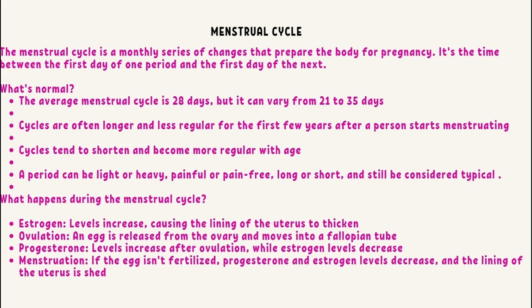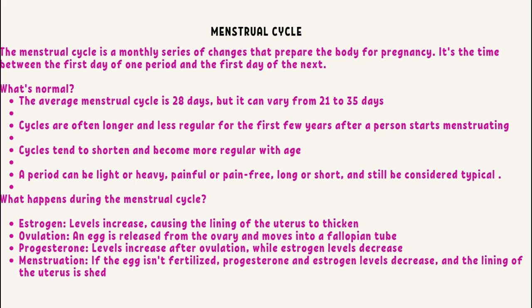Cycles tend to shorten and become more regular with age, and it can be light or heavy, painful or pain-free, long or short, and still be considered typical, because pain is seen as normal and is very much normalized in today's society, right? Period cramps are normalized as if it's nothing.